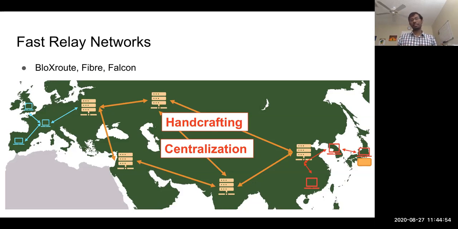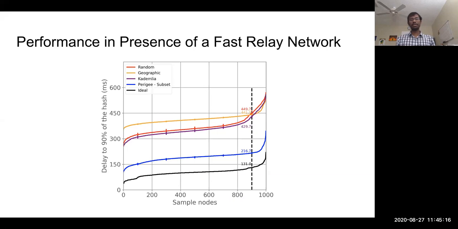But nevertheless, even if such fast relay networks were to be present in the Bitcoin network, Perigee is able to adapt its topology in order to exploit the presence of such networks. So in this experiment, it's the same setting as before, like 1,000 nodes from Bitnodes and so on.